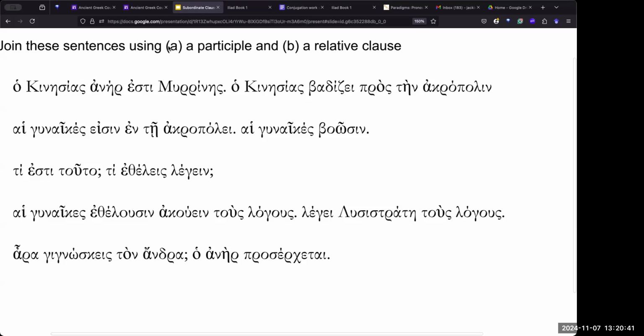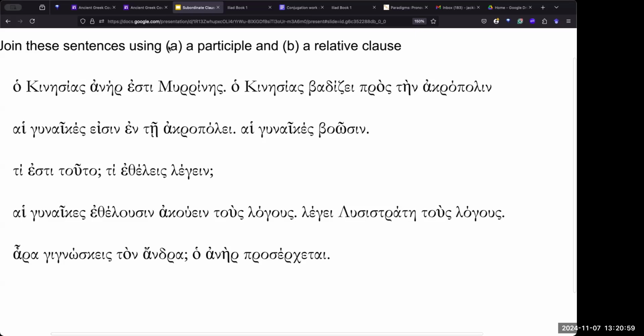So if we say Lysistrata tells the stories the women want to hear, then we do whose hi gunaikes ethelusi akuen. Whose has to be first. You have to put the relative pronoun first, just as in English.